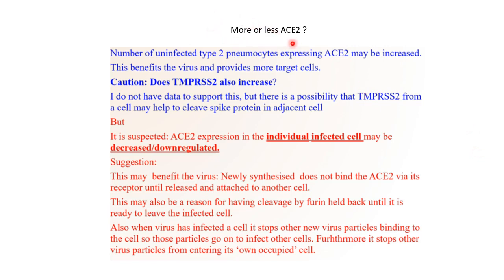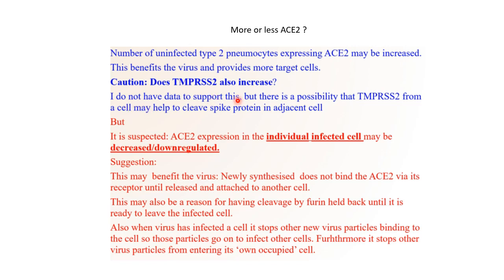Now we look at the question of more or less ACE2. The number of uninfected type 2 pneumocytes expressing ACE2 may be increased. This benefits the virus and provides more target cells. But again, reminding, TMPRSS2 also needs to increase.